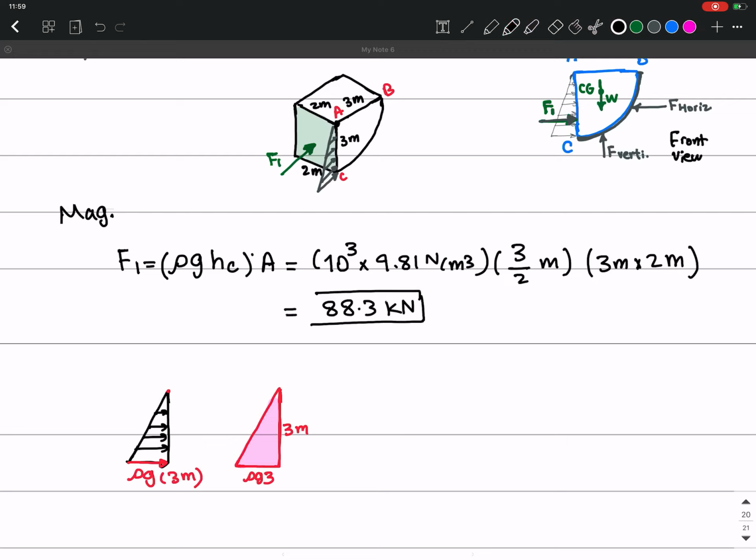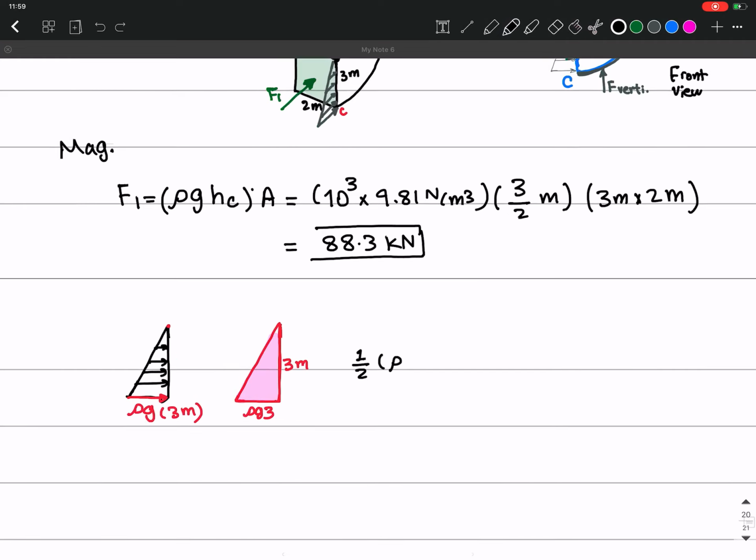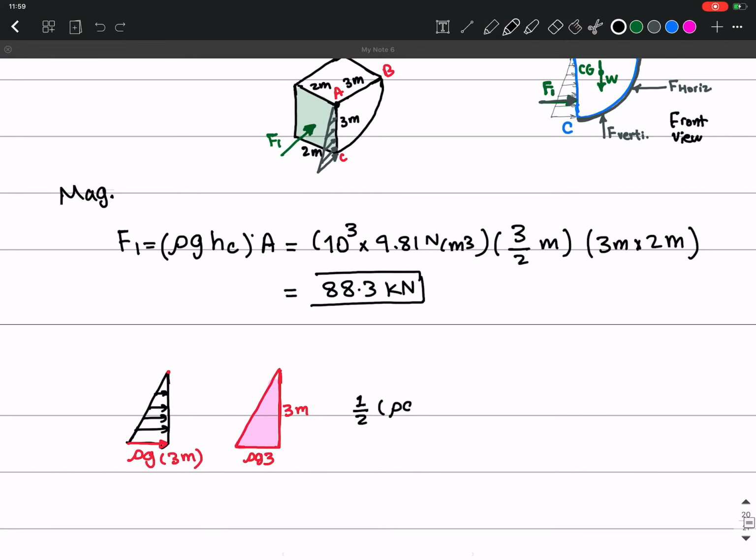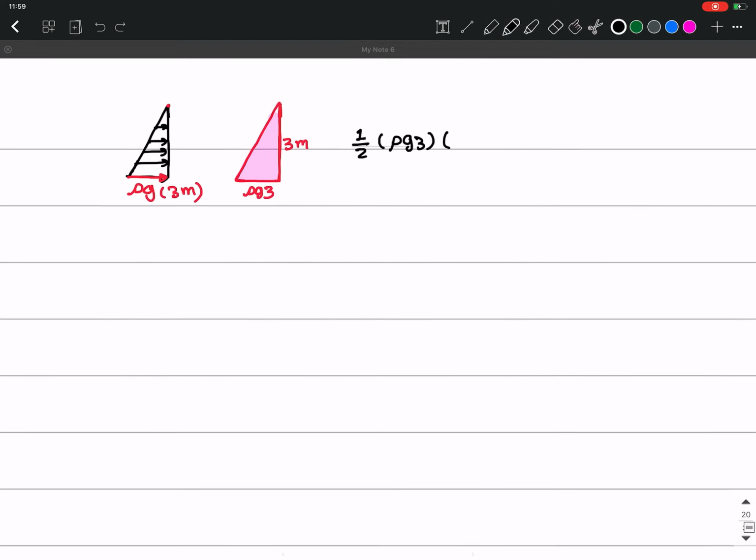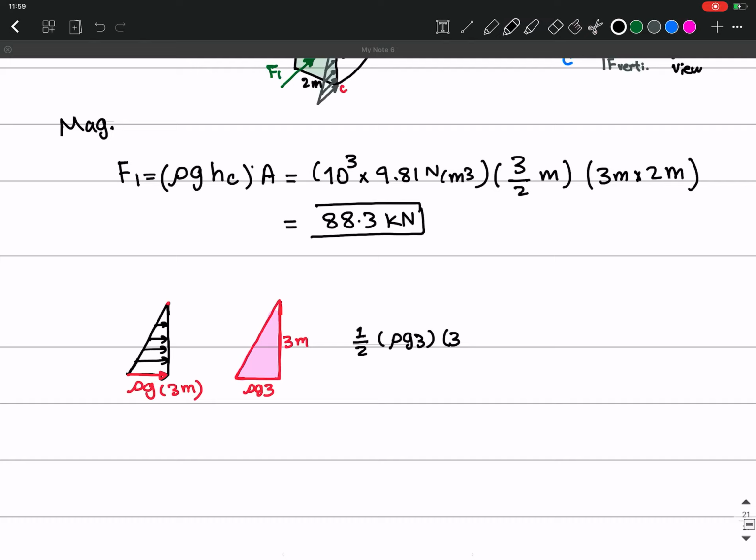What is the area of this? It is going to be 1/2 of this side, rho g3, times this one, 3.